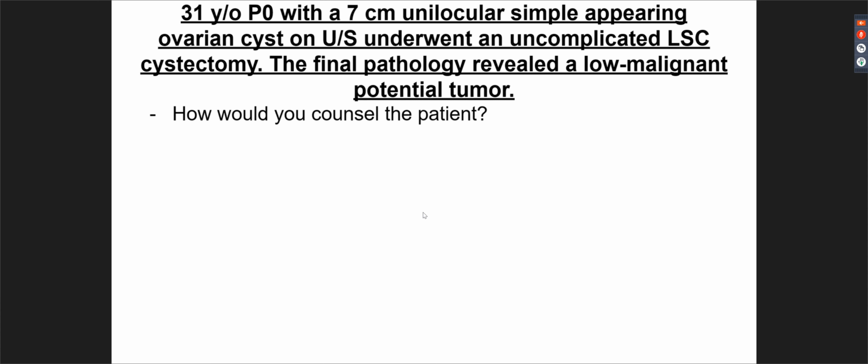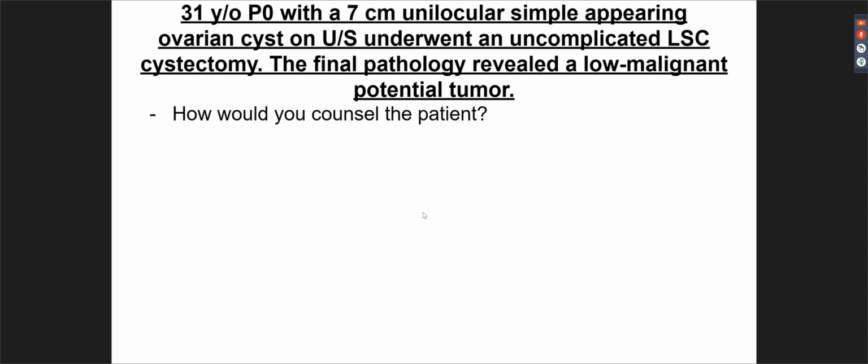So we do need to closely follow up. I would order a CA-125 for her to know what her CA-125 is at this time. And I would have her follow up with a gynecologic oncologist, so she can be under close observation with them as well.